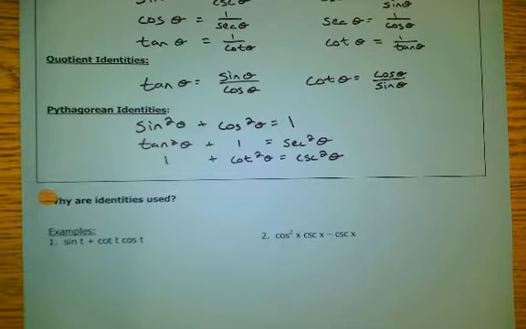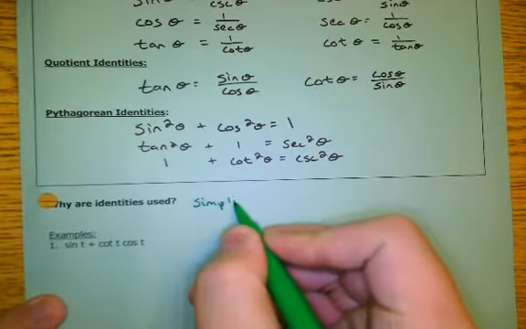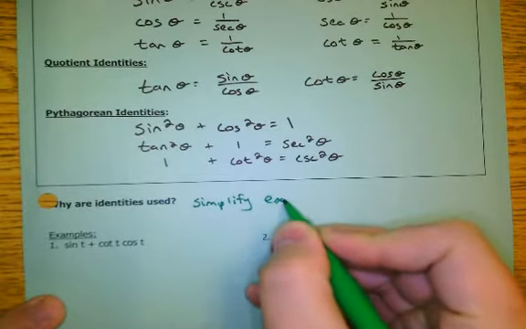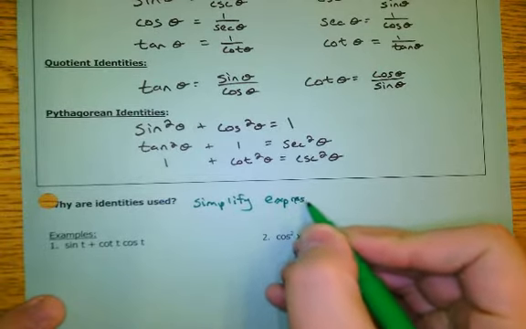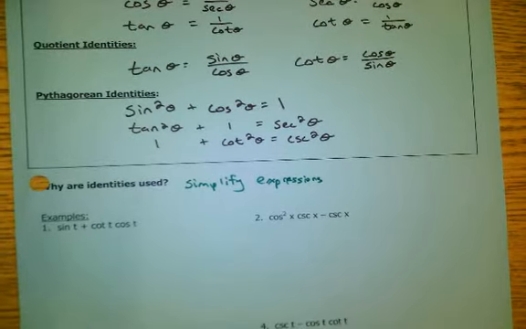Anybody else have any other ideas? I am looking it up right now. That's why I don't get these notes, because it's to simplify expressions. I mean, there's more uses to it, but I guess this is what we want for this class.